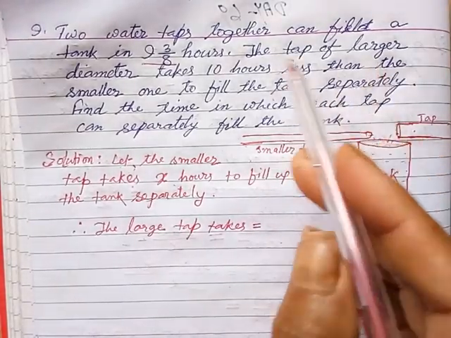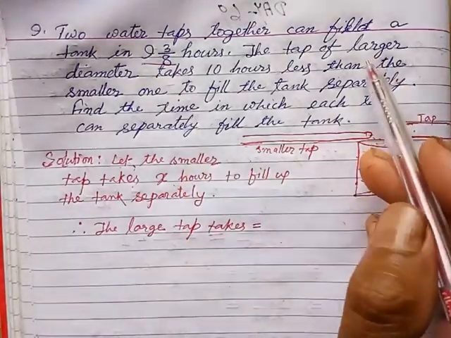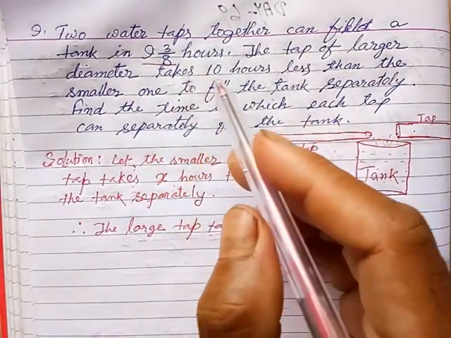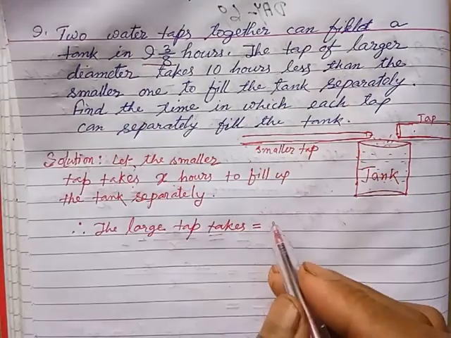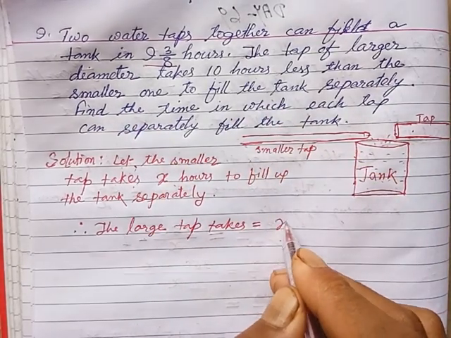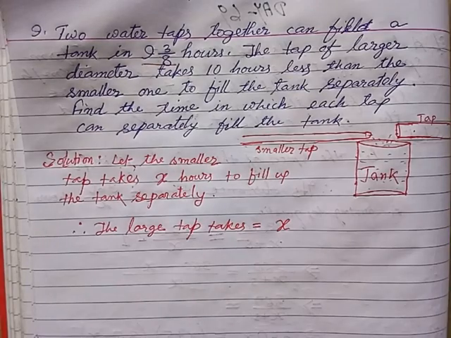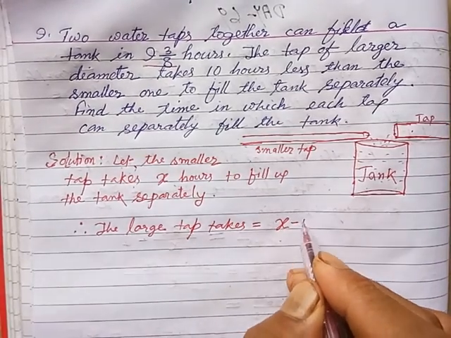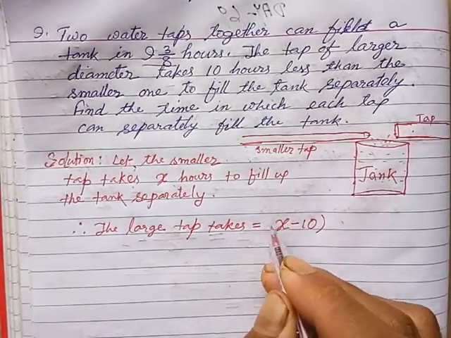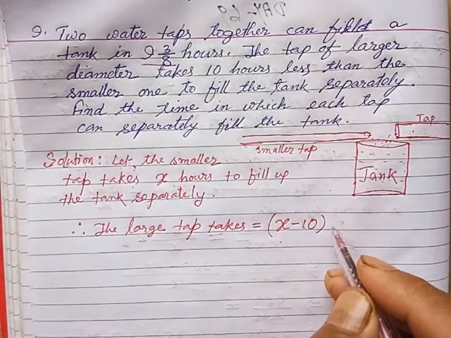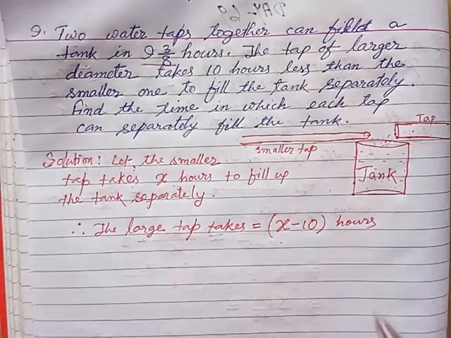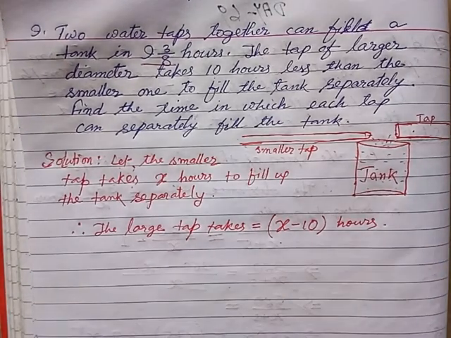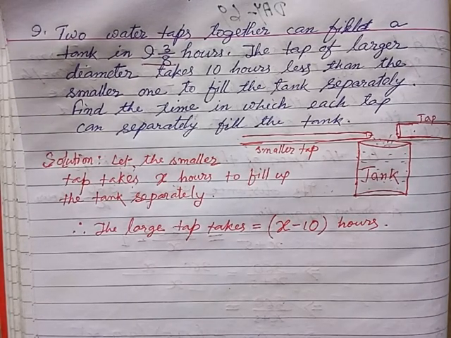According to the question, the larger diameter tap takes 10 hours less than the smaller one. So if the smaller one takes x hours, then the larger tap will take x minus 10 hours. The larger tap takes x minus 10 hours to fill the tank separately.